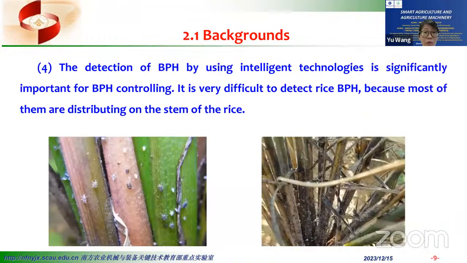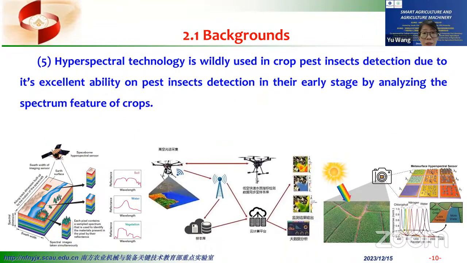The detection of BPH by using intelligent technologies is significantly important for BPH controlling, but it is very difficult to detect rice BPH because most of them are distributed on the stem of the rice. Hyperspectral technology is widely used in crop pest insect detection due to its excellent ability to detect pest insects in their early stage by analyzing the spectrum features of crops.